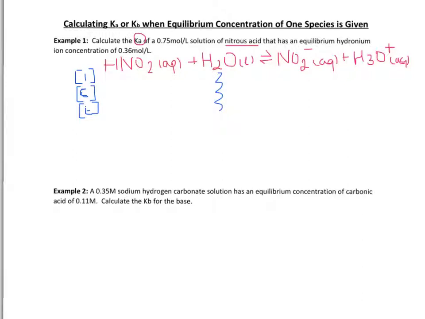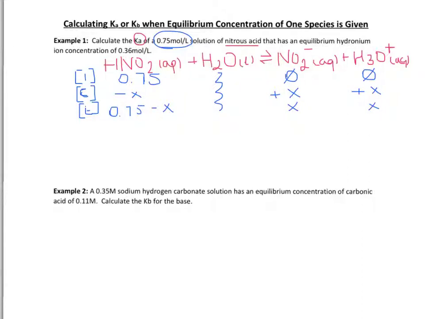The initial concentration of HNO2 was 0.75. We always have no products initially to start. We lose reactants and gain products. Notice that all of the coefficients here are 1, so we have 1x each. And our equilibrium line is a combination of the first two.